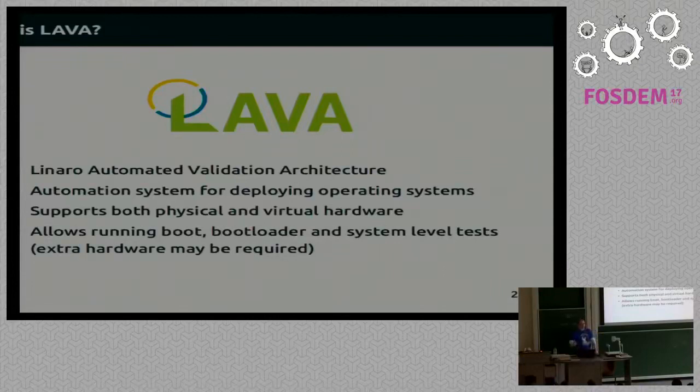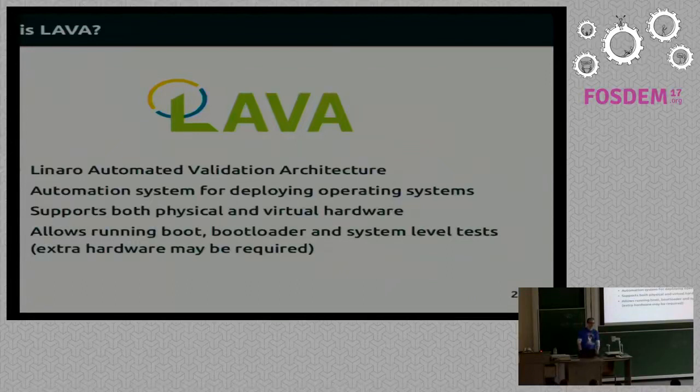It can deploy rootfs, kernel, DTB, anything that is needed to boot up your device. Once it prepares your device, it allows you to run boot, bootloader, or even system-level tests on your device. But some extra hardware might be required for the full support of all Lava features.